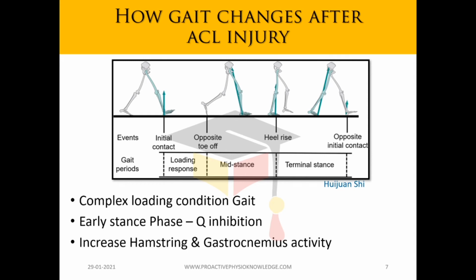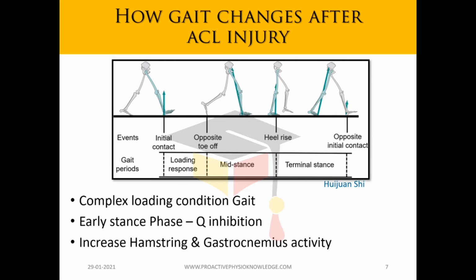In an ACL-deficient patient, in early stance phase, when there is quadriceps inhibition, there is increased activity of the hamstring as well as the gastrocnemius muscles. So an ACL-deficient patient walks with significantly lower internal rotation during the terminal phase of the gait cycle, and this is called a pivot shift gait.